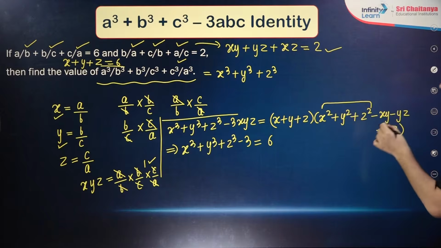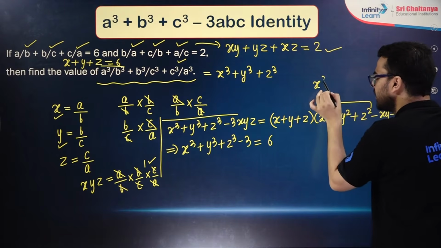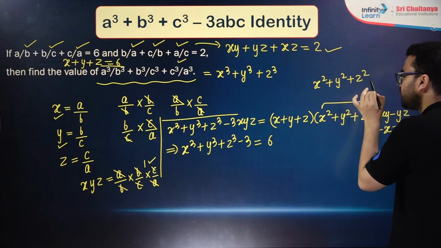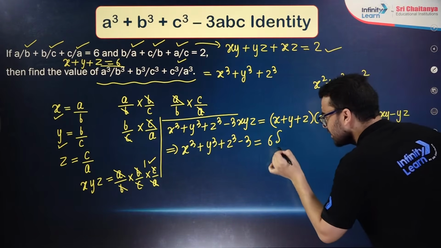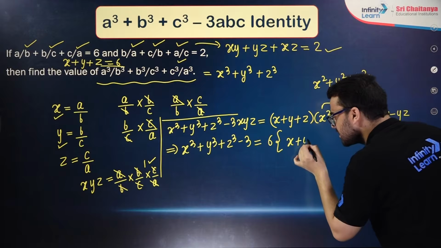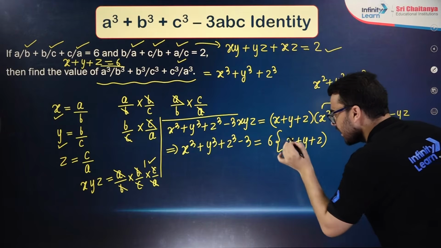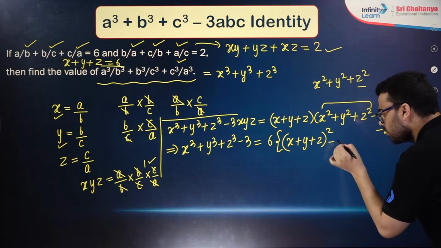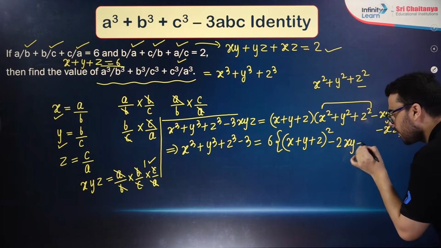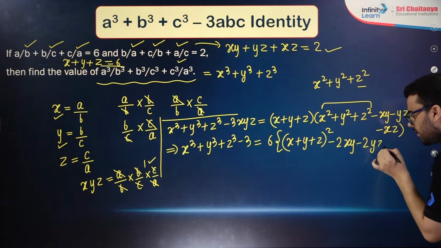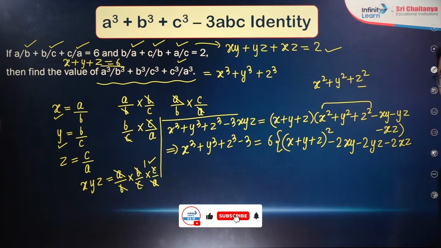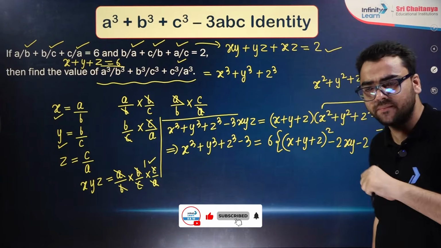Now you might know this identity as well, that x square plus y square plus z square, can I write it like this? x plus y plus z the whole square minus 2xy minus 2yz minus 2xz. You know this thing, guys? It's a class 9 identity actually.